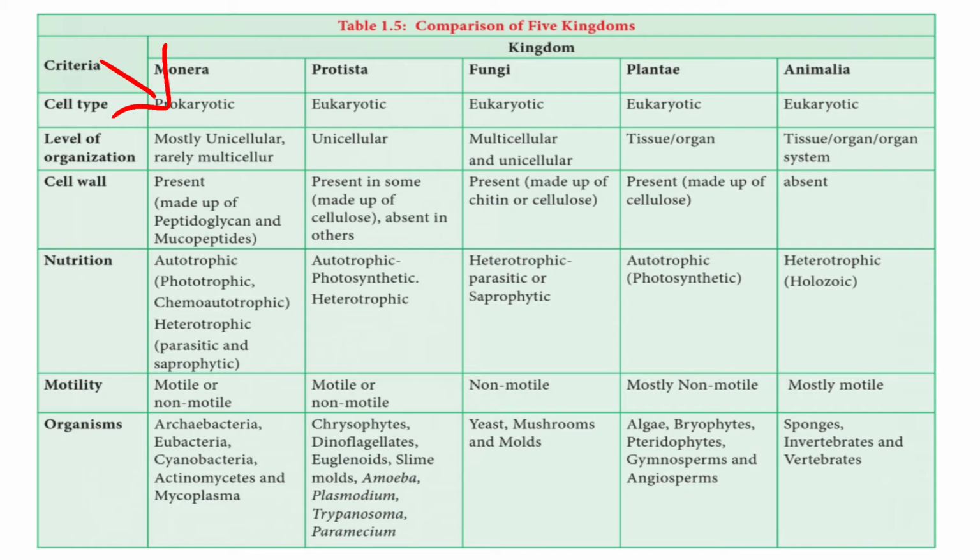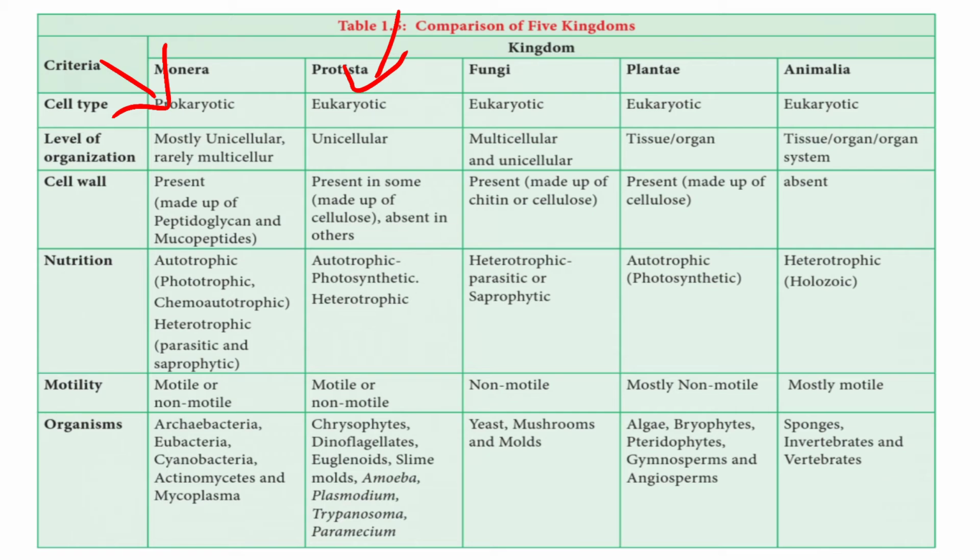So next we move on to Protista. In Protista, the cell type is eukaryote, true nucleus. Level of organization is unicellular, single cell. Cell wall is present, made up of cellulose, but in some it is absent. Nutrition: autotrophic means photosynthesis; heterotrophic means parasite, saprophyte, like that. Motility: motile or non-motile.